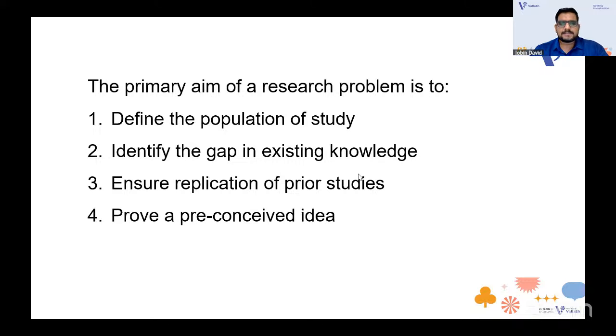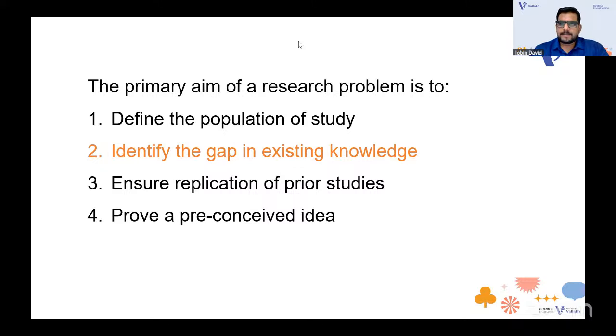So the answer will be identifying the gap in existing knowledge. It's not ensuring the replication of prior studies or defining the population of a study. It's all like steps of research. So the main aim of a research problem is to identify the gap in the existing knowledge.